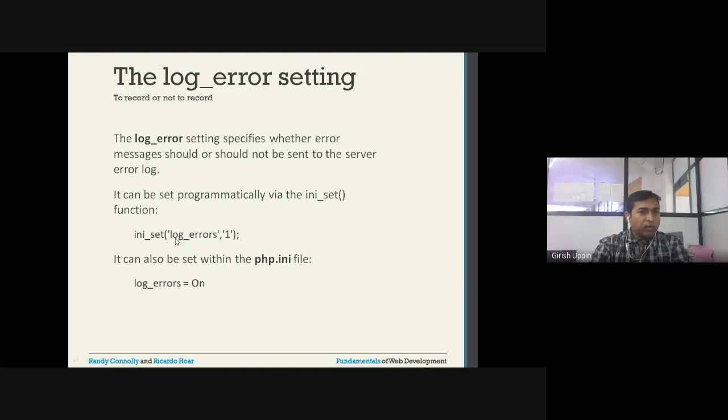Inside the bracket, the first parameter is going to be the log_errors flag. The name should be exactly like this, and you are setting it to 1, which means true, so you want to set the logging of the errors. Inside the php.ini file, you will say log_errors = On.